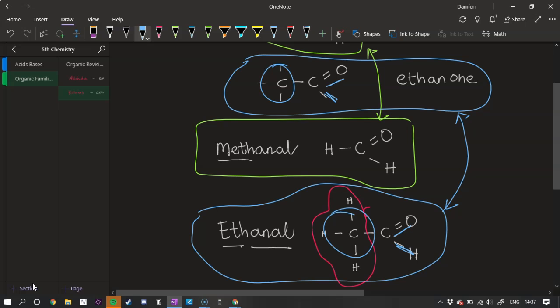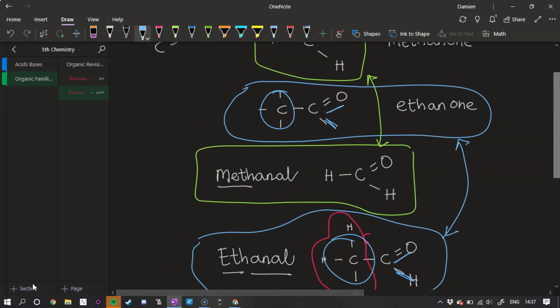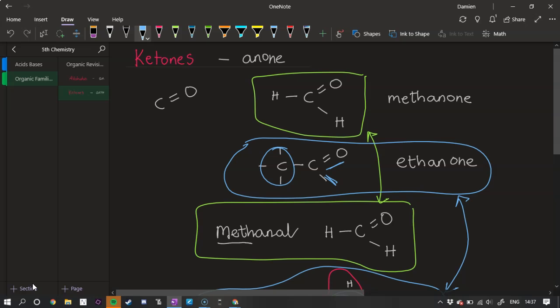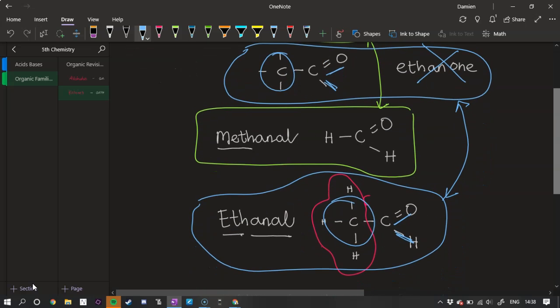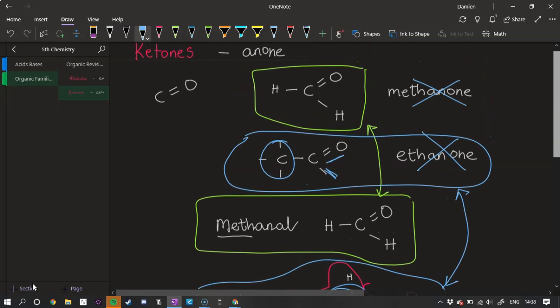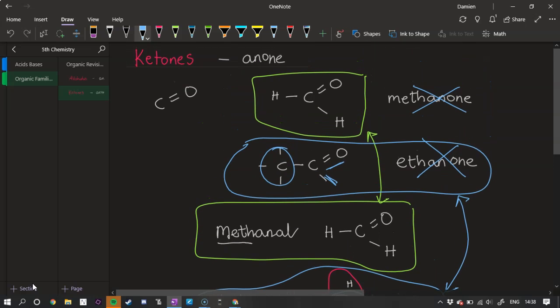So these are exactly the same. Because of this, there is no methanone or ethanone. So methanone and ethanone don't exist, because when you draw them out, they're actually methanal and ethanal. So your very first ketone is not going to be meth or eth, it's actually going to be prop.